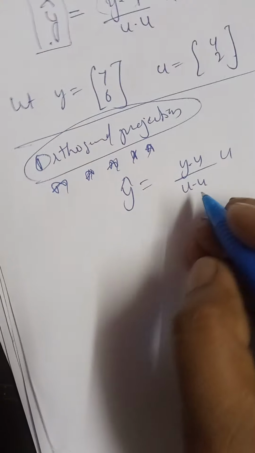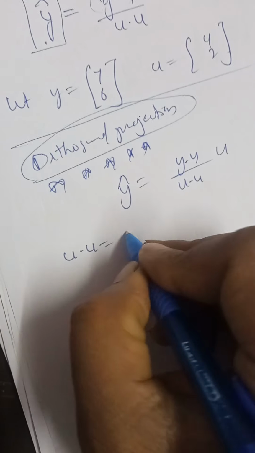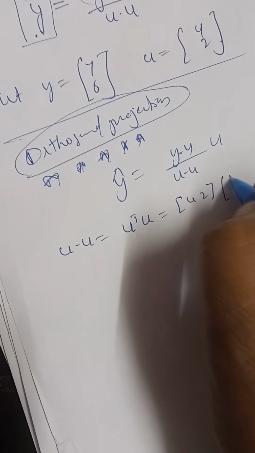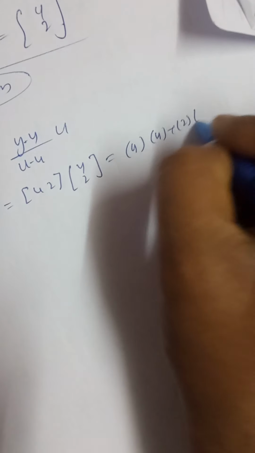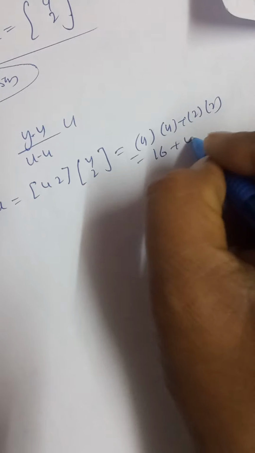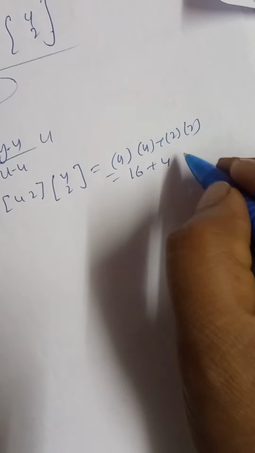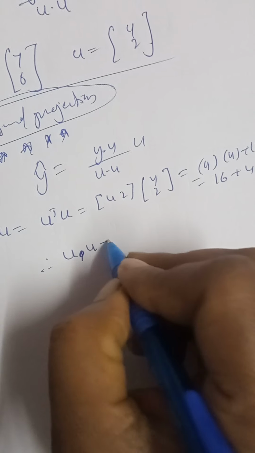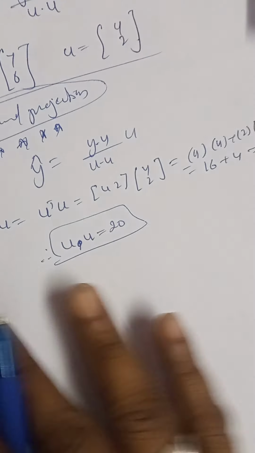Now, first of all, I am finding u dot u, which is u transpose u, which is nothing but 4, 2 into 4, 2, which is 4 into 4 plus 2 into 2. 4 4s are 16 plus 2 2s are 4. This is equal to 20. Therefore, u dot u is equal to 20.